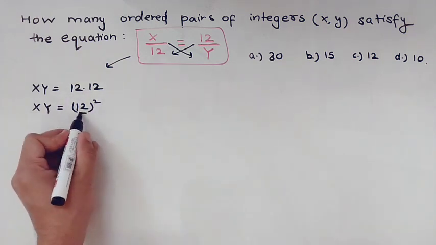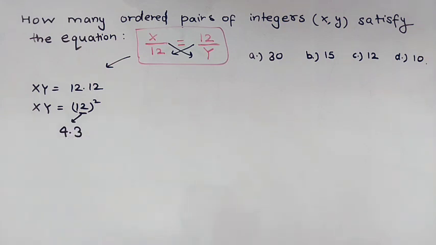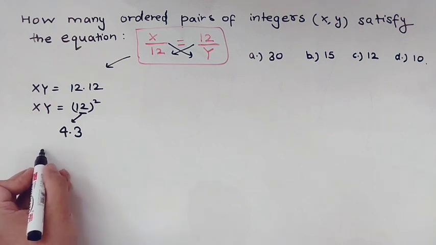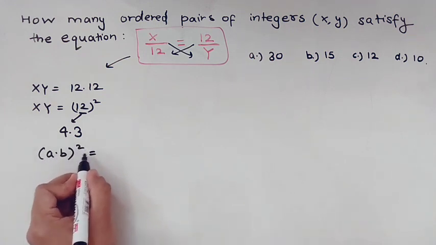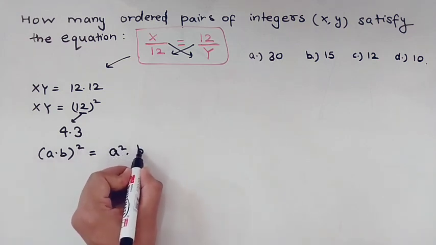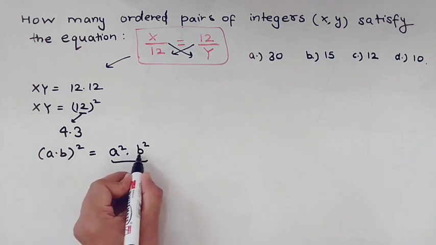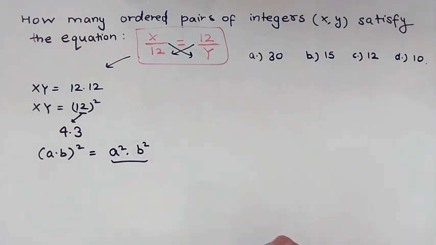So this part we have 12, which can also be written in the form of 4 into 3, that is 12. Because we have an identity that states (AB) squared equals A squared into B squared, A squared multiplied by B squared.